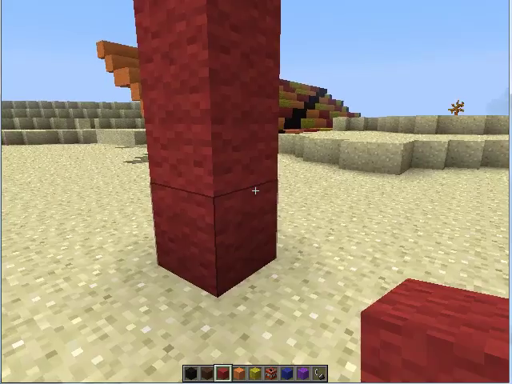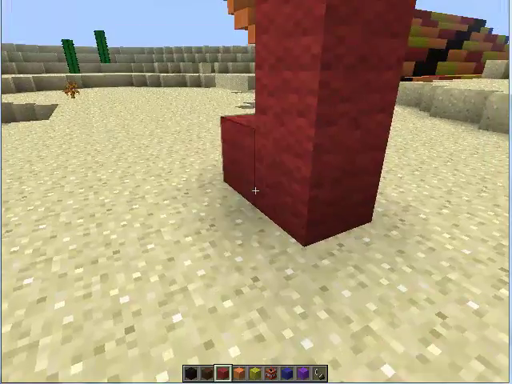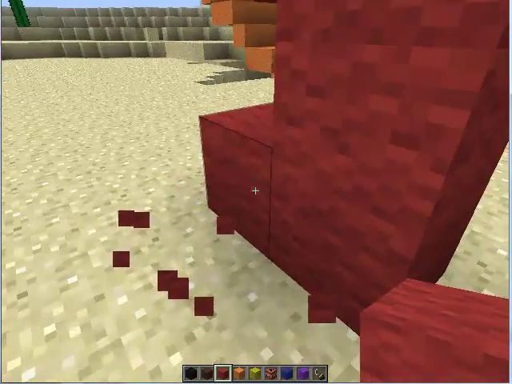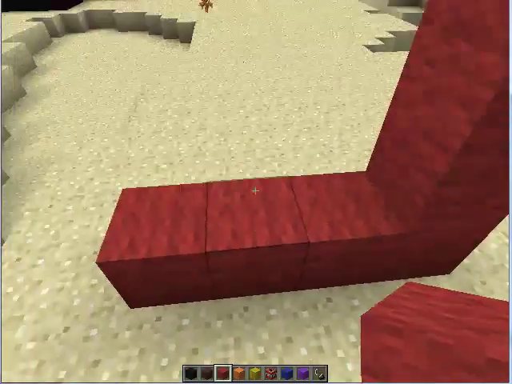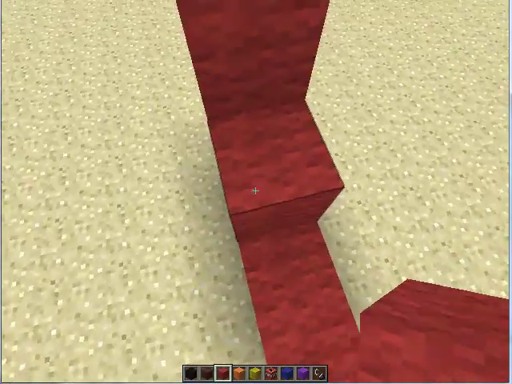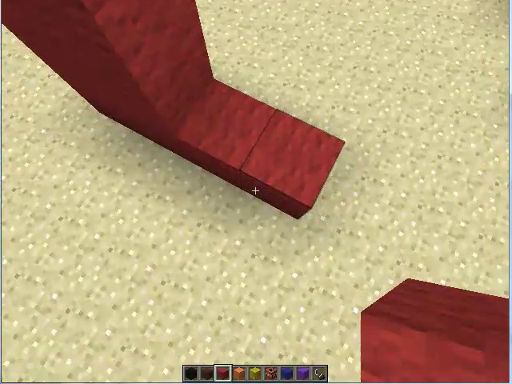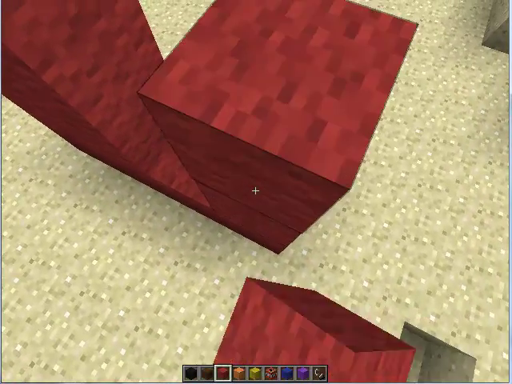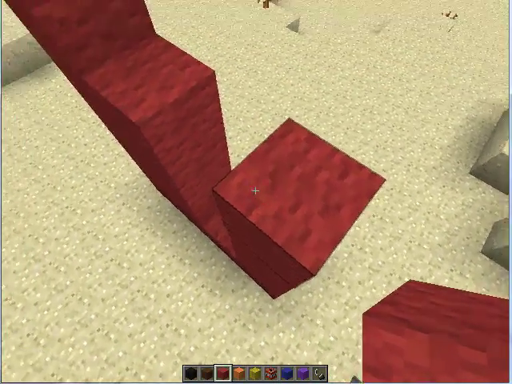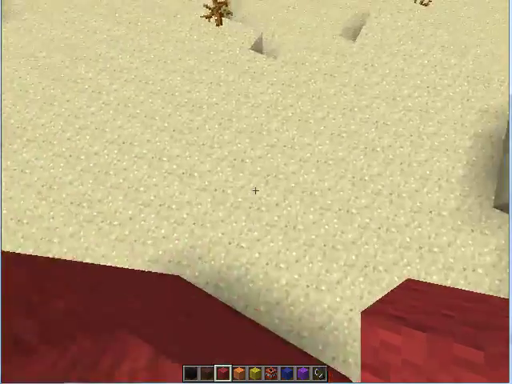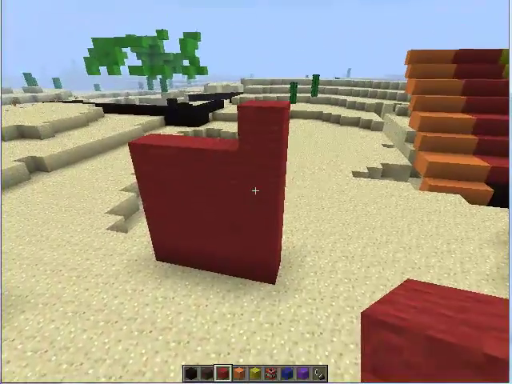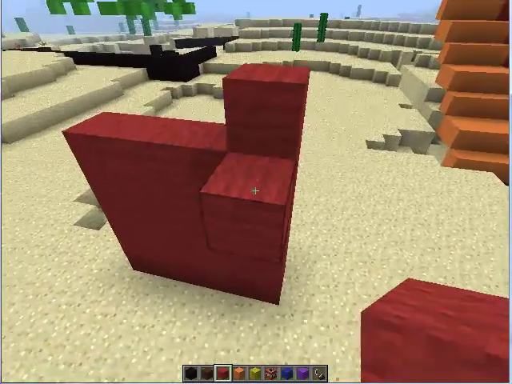And because spheres are symmetrical, this is going to be in every one of the cardinal directions. So we can do it here, and we can do the same thing here.